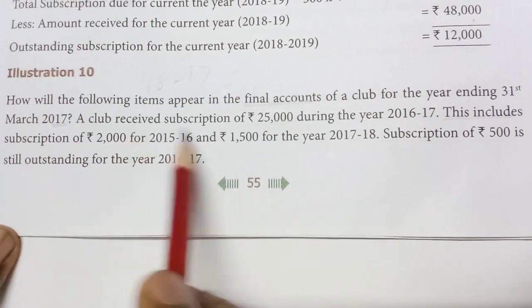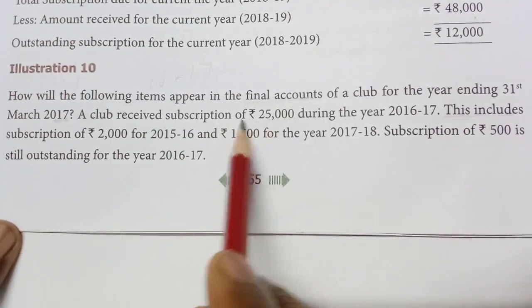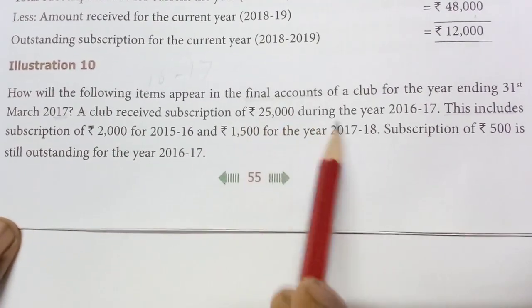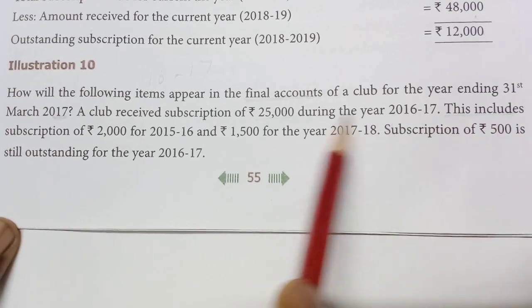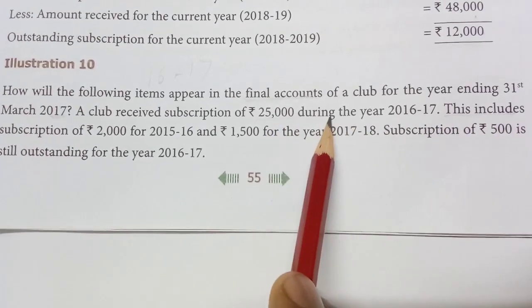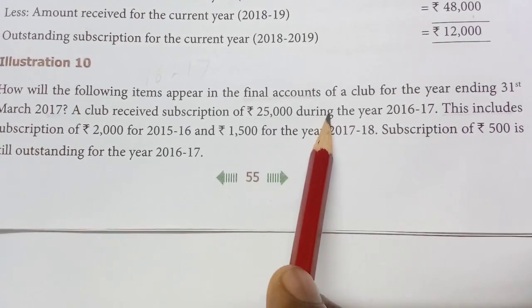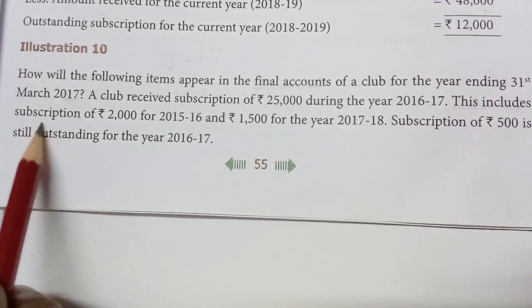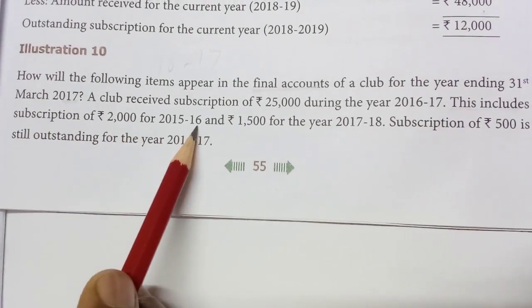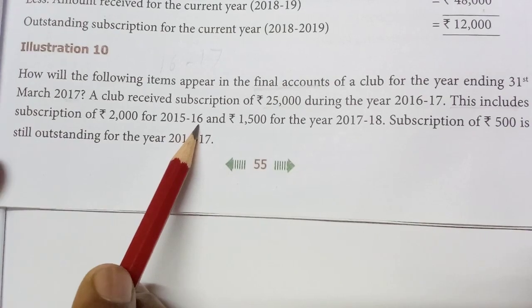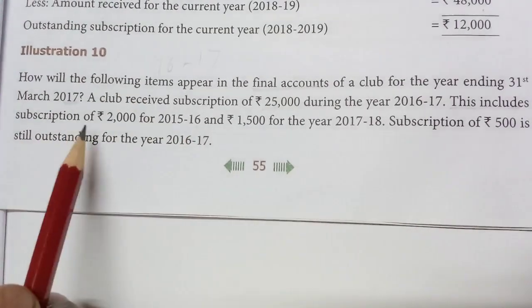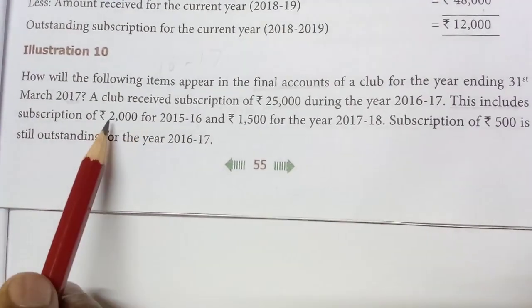So the club received how much amount? 25,000. And this includes what is not needed, so we have to deduct it. This includes subscription 2,000 for 15-16, which is last year's, so we have to deduct this one.